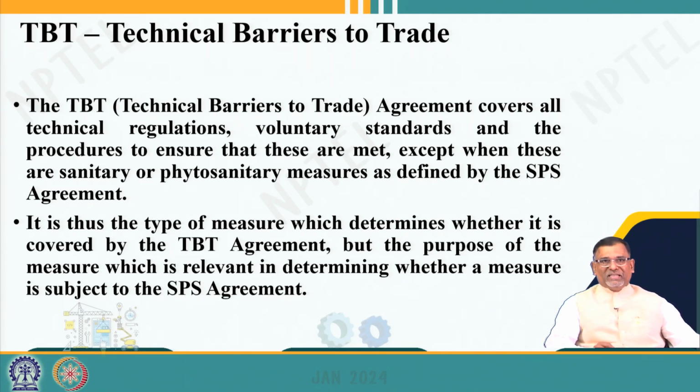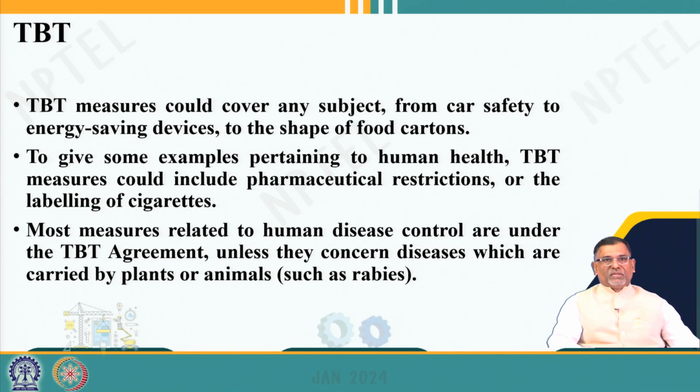The prominent ones are technical regulations and voluntary standards. Its purpose is very clear: it determines the technical regulations and technical standards, especially packaging and labeling, but it should be in conformity with the SPS agreement as well.